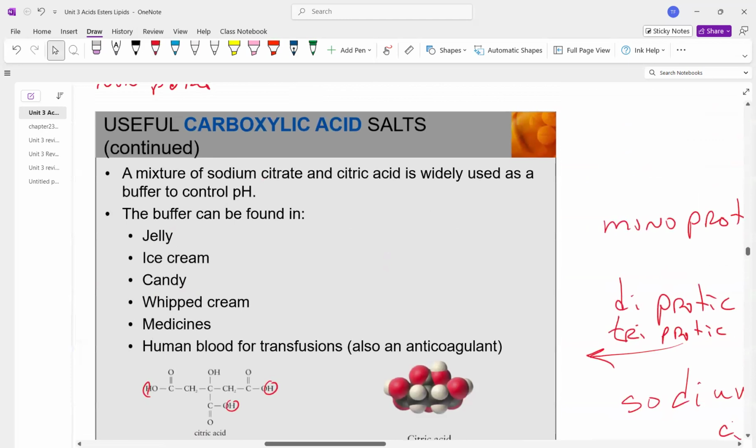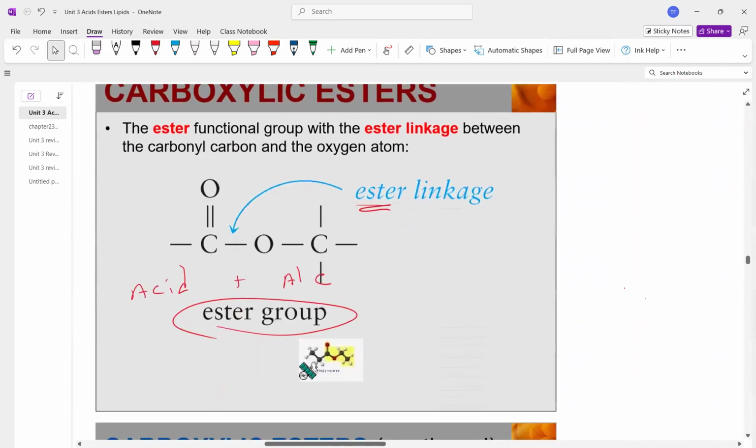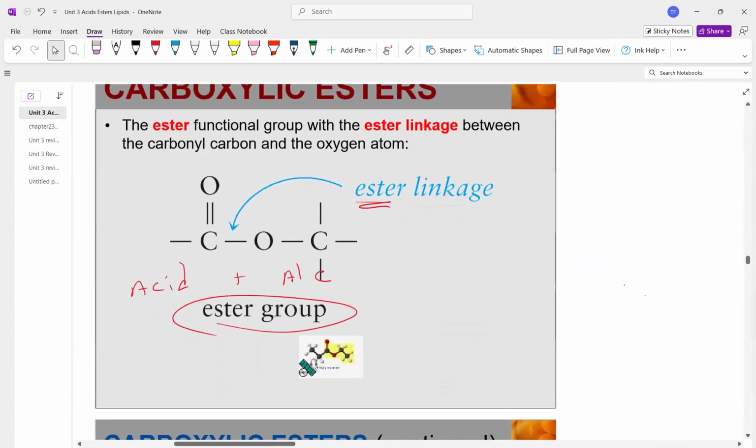Okay, now we found in Unit 2 that when we added an alcohol to a ketone or aldehyde, we formed an acetal or a ketal. If we added acid and an alcohol together, we form something called an ester. Okay, so an ester is made up of two parts.